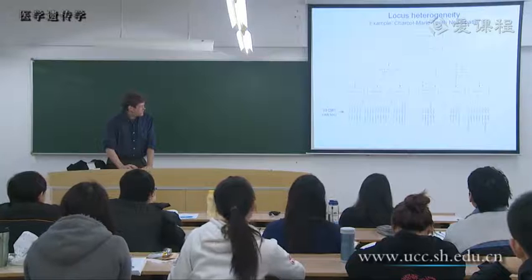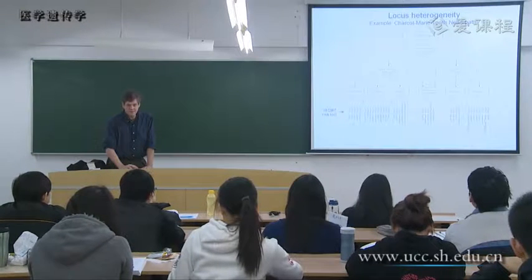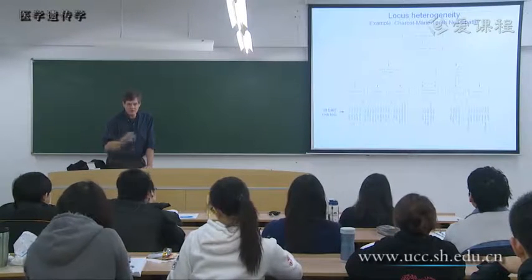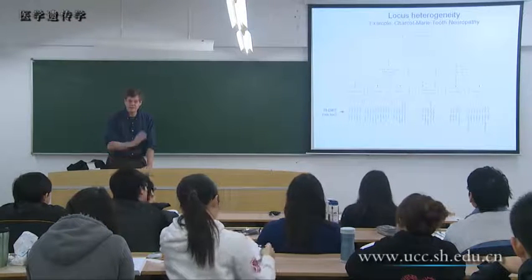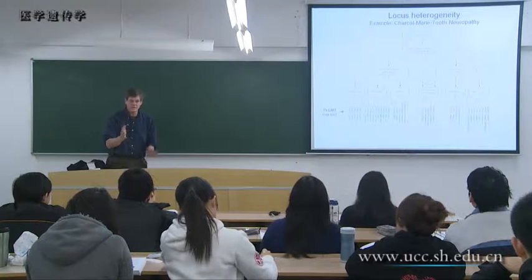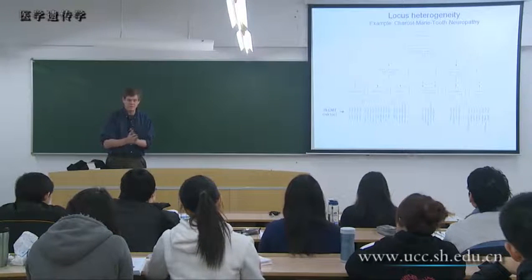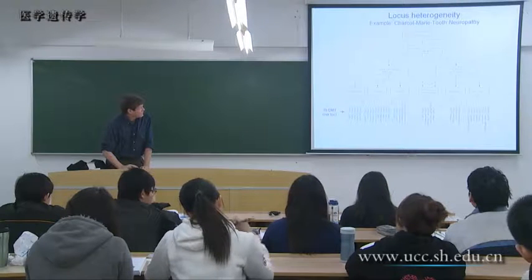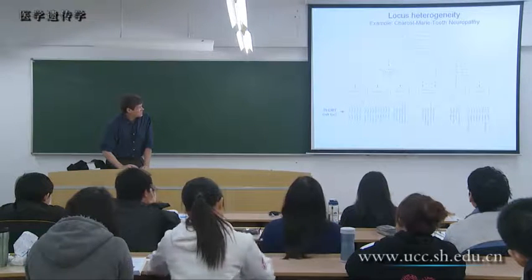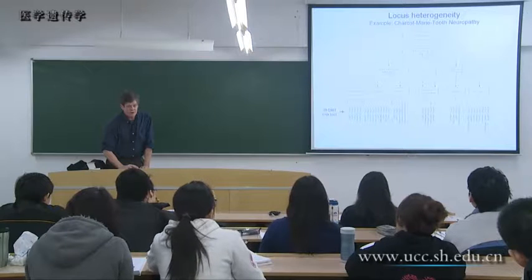Now, each one of these individually behaves like a Mendelian disorder. So the inheritance of each one can be considered independently of the others. They're all rare, so it's unlikely that you get two of them together, although that does happen sometimes. And so this is actually maybe the rule rather than the exception.